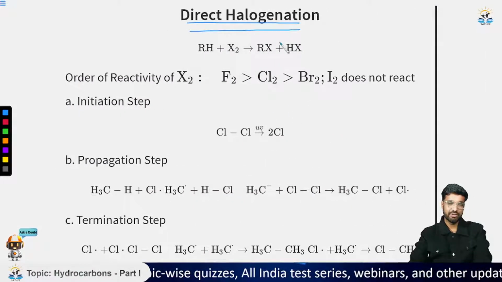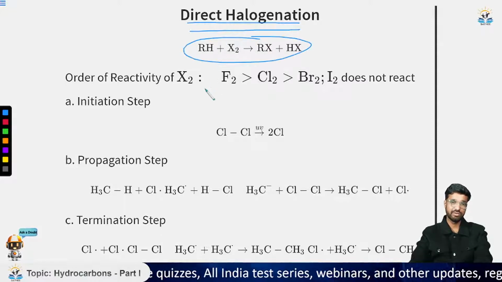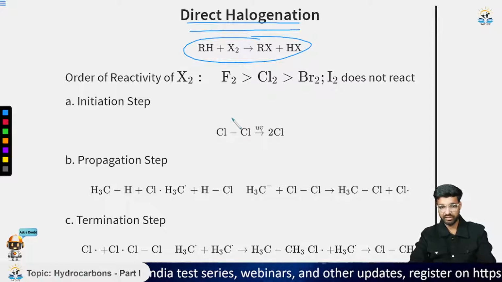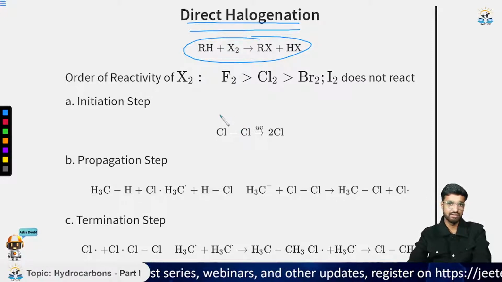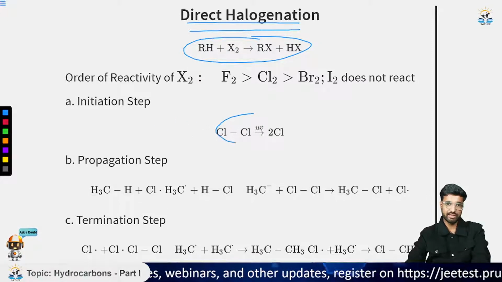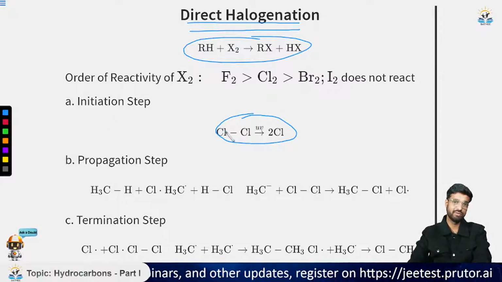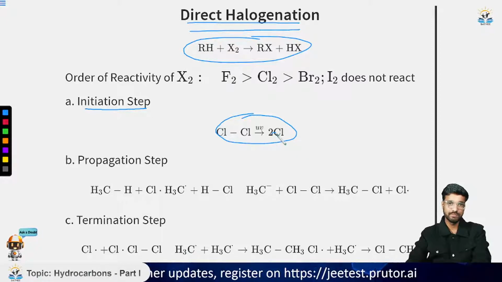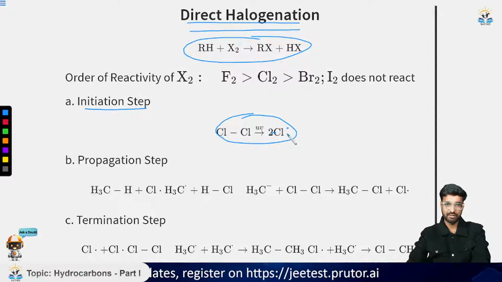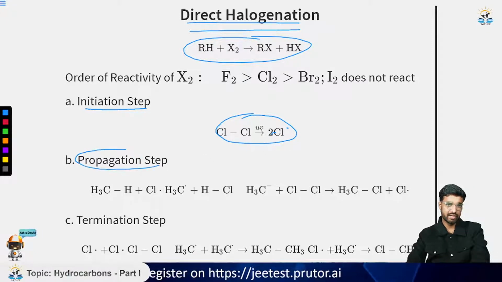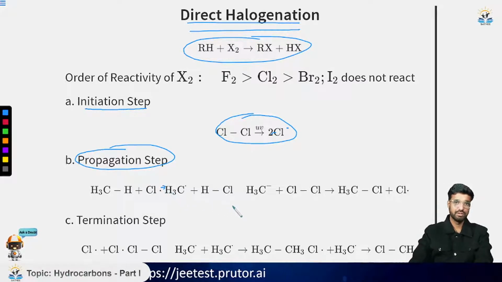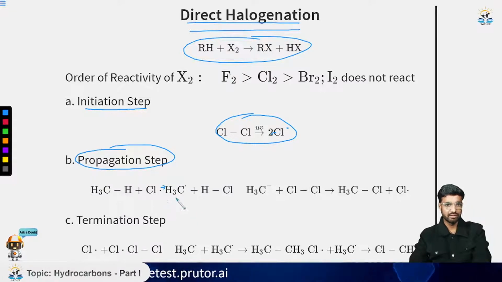We can also use the halogenation method. In the halogenation method, it is a photo reaction. First, Cl2 gets dissociated with the help of h nu, which is light. This is the initial step, and we will get two Cl radicals. Then this Cl radical will react with CH4 to give us CH3 dot and HCl.